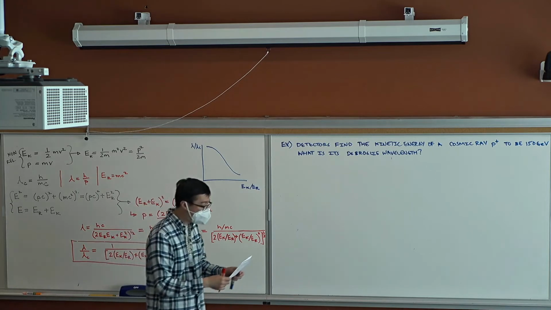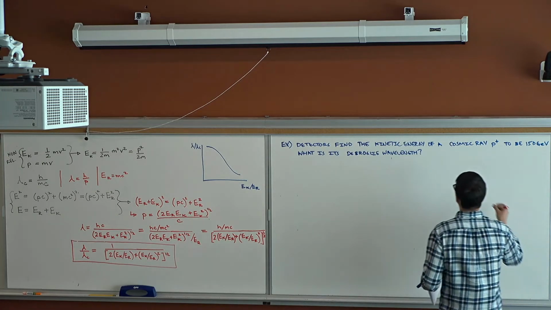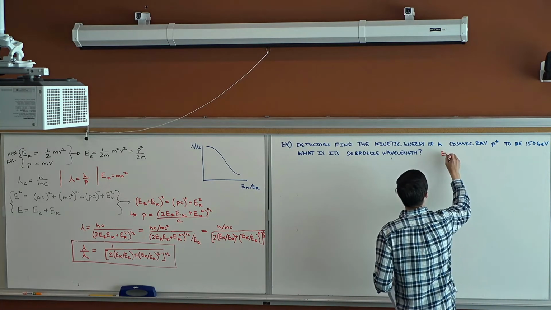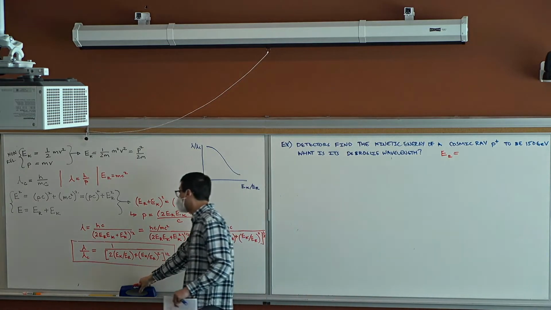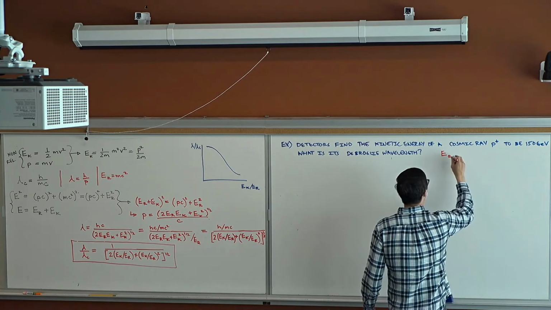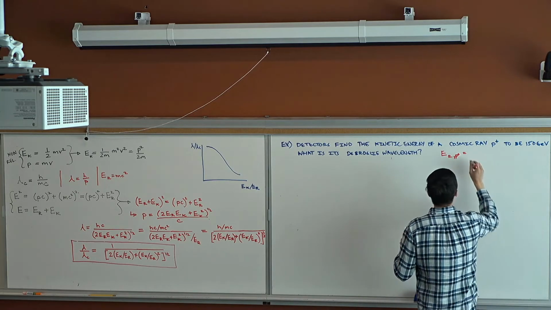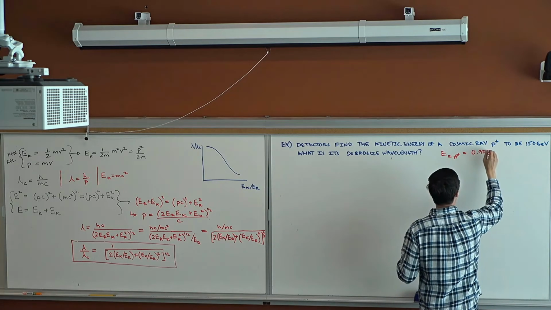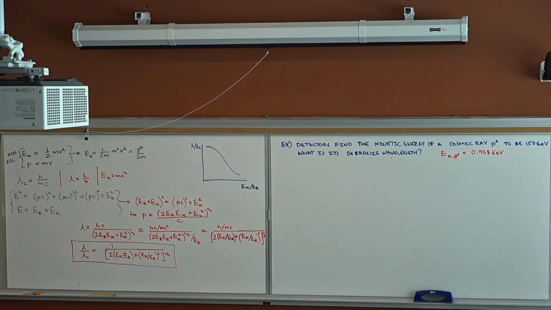Well, we can remind ourselves that the rest energy of our proton is 938 mega electron volts, or 0.938 giga electron volts.